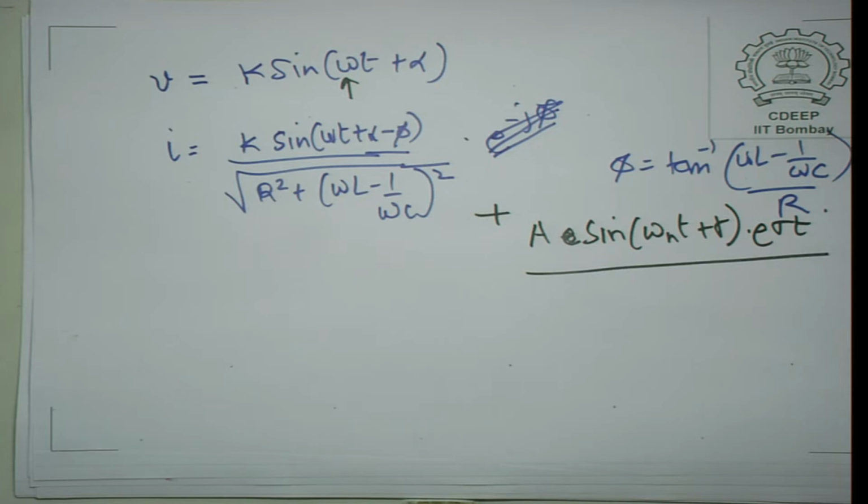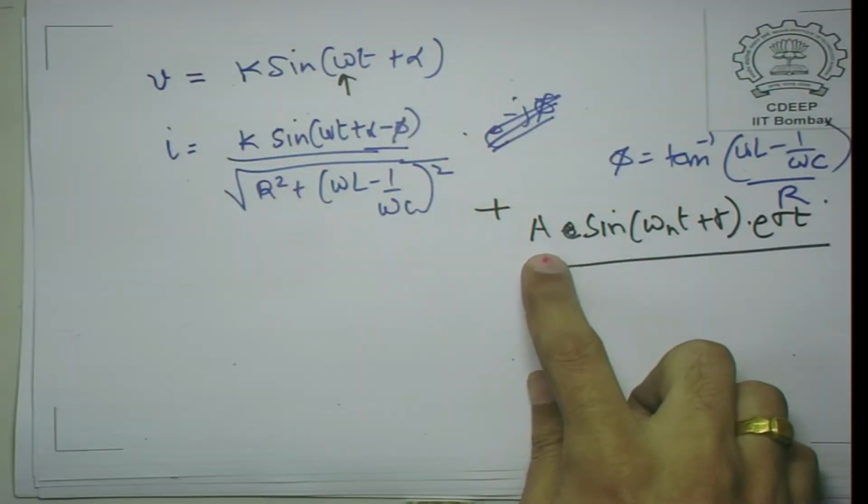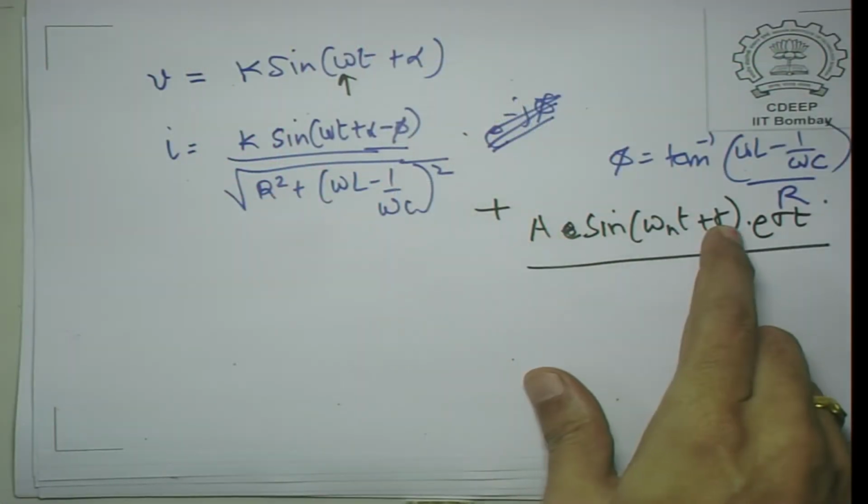That is, if you plug in t is equal to 0 to the general response, which consists of both the sinusoidal steady state as well as the natural response, you will find that at t is equal to 0, I will be equal to IL0. That is the way you can, without any complicated mathematics, arrive at A and gamma here.